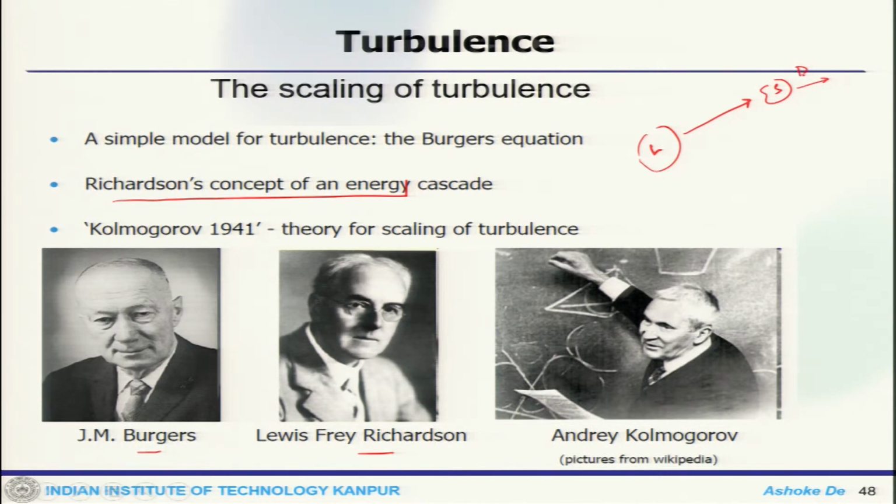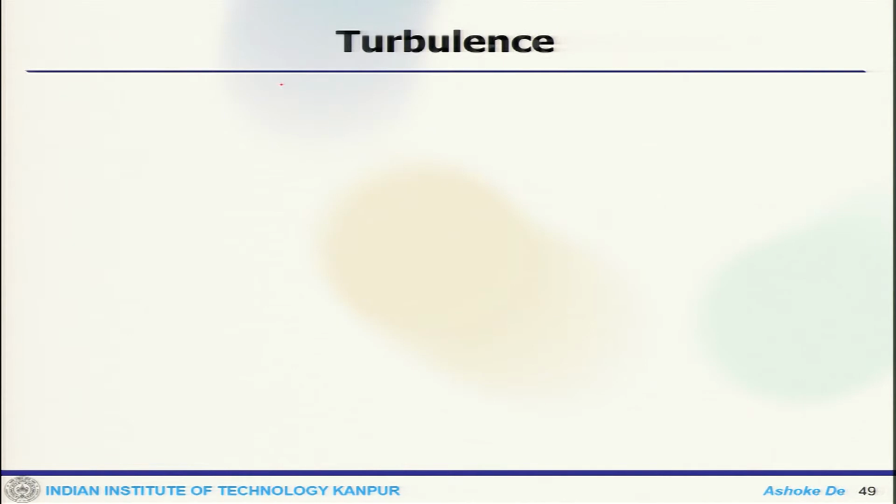Then the theory came in 1941 by Kolmogorov, who talks about the scaling laws. But all this quantification started with the old scientist Burgers, which is why the equation is called the Burgers equation. So, we will look at that.